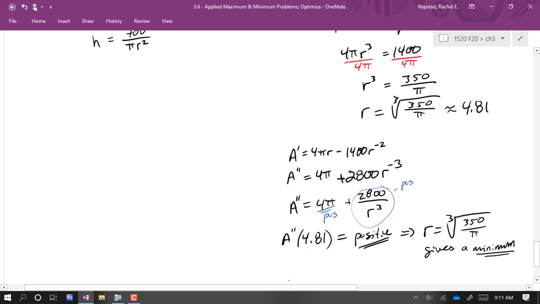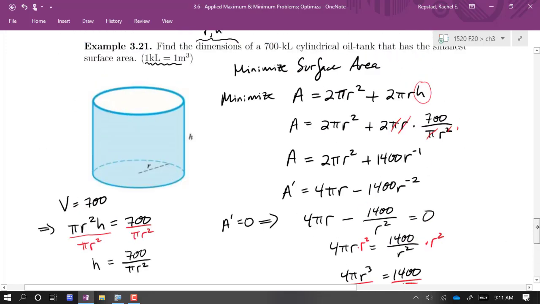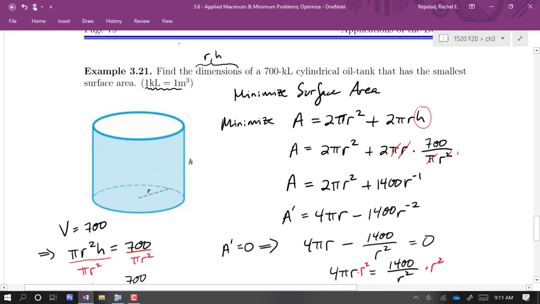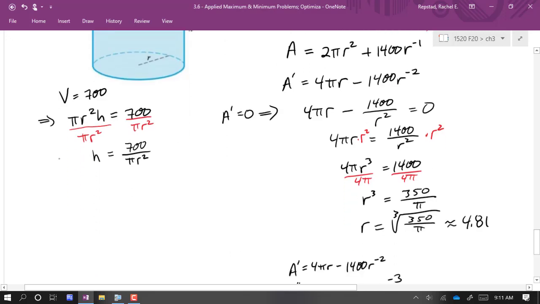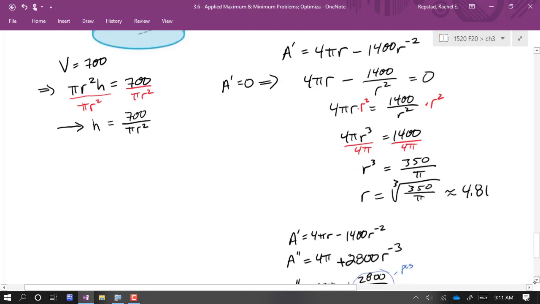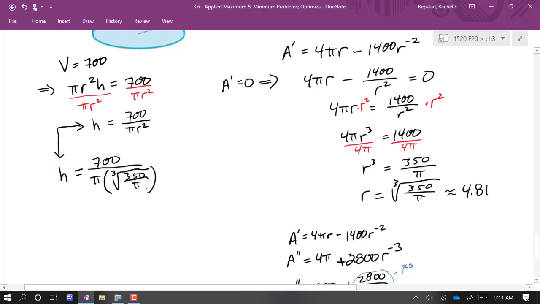And now that I know that it gives a minimum, I'm going to go ahead and bother with figuring out the other dimension. So we wanted the dimensions, plural, both r and h. So I can use this equation here that we used at the very beginning to help us rewrite the function. And so we're going to have the cube root of 350 over pi, and we're going to square that. And let's evaluate this. Let's approximate this in the calculator.